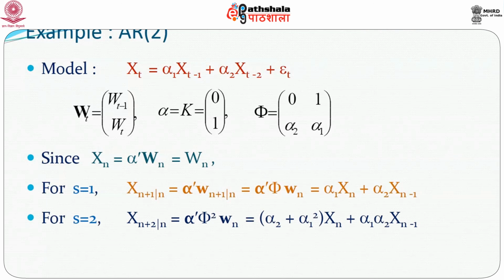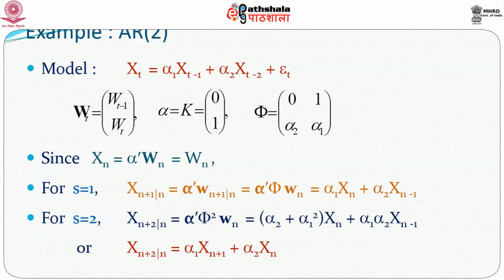What about the two step predictor? x_{n+2} given n would be (alpha_2 plus alpha_1 squared) x_n plus alpha_1 alpha_2 x_{n-1}. Remember that we cannot go beyond x_n because that is not observed, but we can write it in terms of x_{n+1}, which should be similar to what we did before.